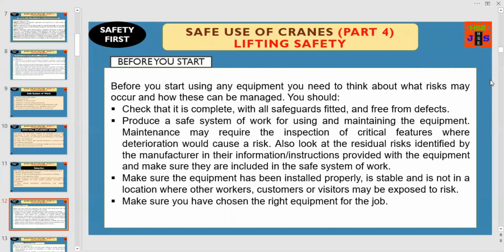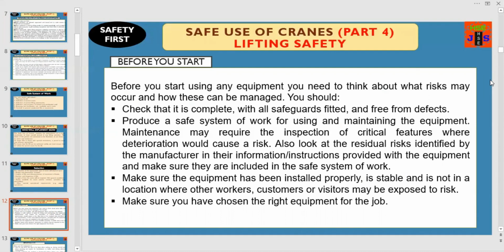Produce a safe system of work for using and maintaining the equipment. Maintenance may require the inspection of critical features where deterioration would cause a risk. Also look at the residual risks identified by the manufacturer in their information, instructions, or recommendations provided with the equipment, and make sure they are included in the safe system of work.